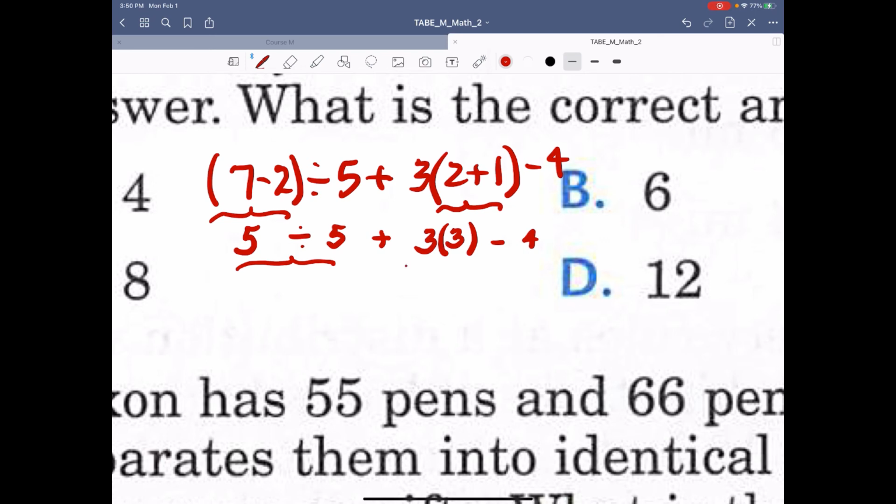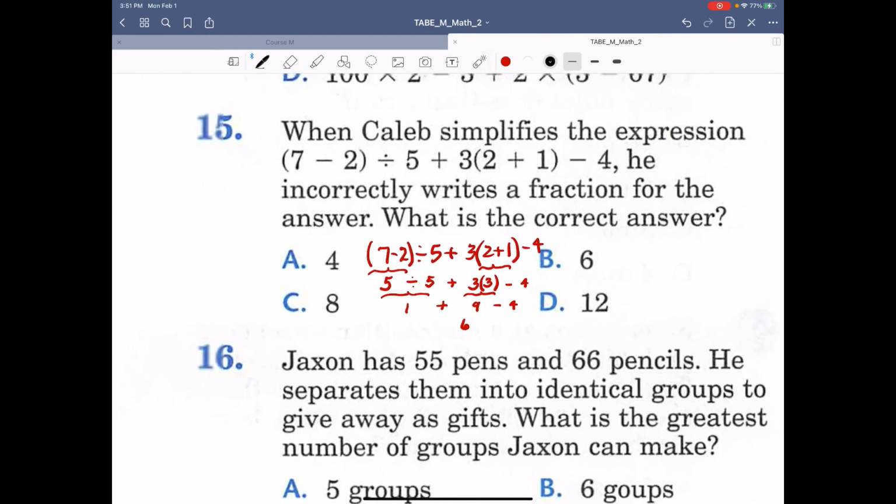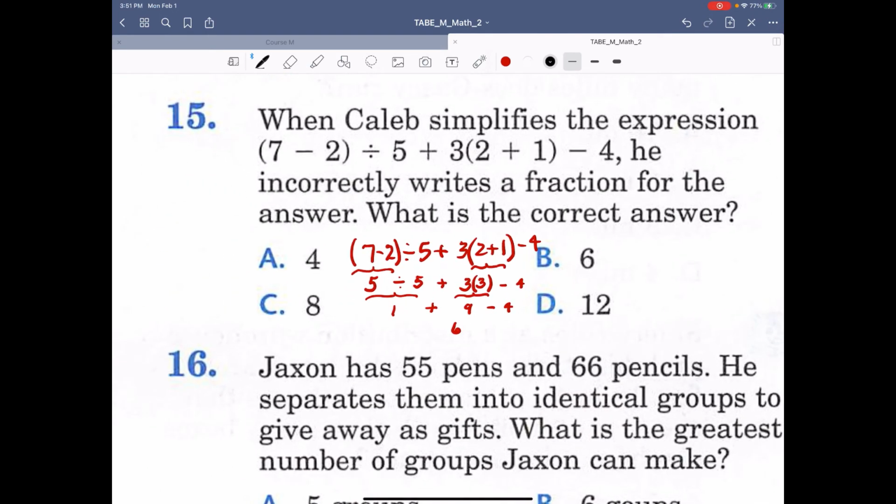So I have division and multiplication. And I copy, and then I add and subtract from left to right. So 10 minus 4, I think it's going to be 6. So for number 15, I like B. The answer is 6. They're testing whether you know the order of operations.